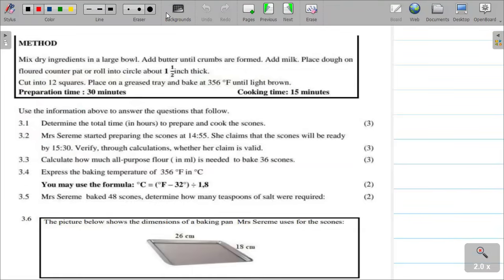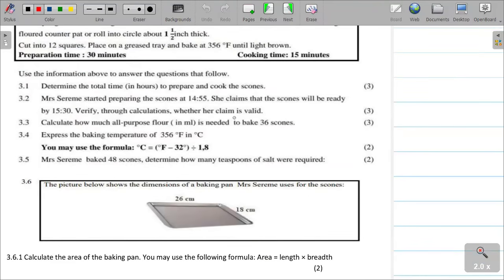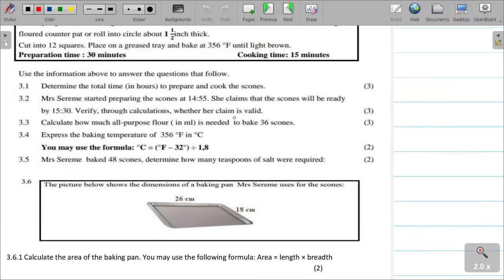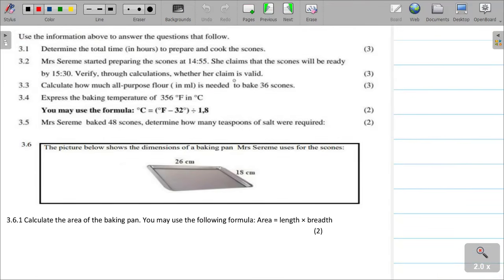term. Please note that we have questions where you are asked to calculate some ingredients, or questions that have to do with baking, where ingredients are supposed to be known. And then we also have temperatures, calculating the area of given shapes.